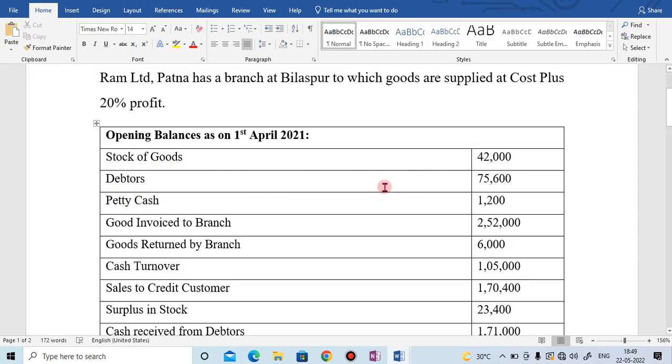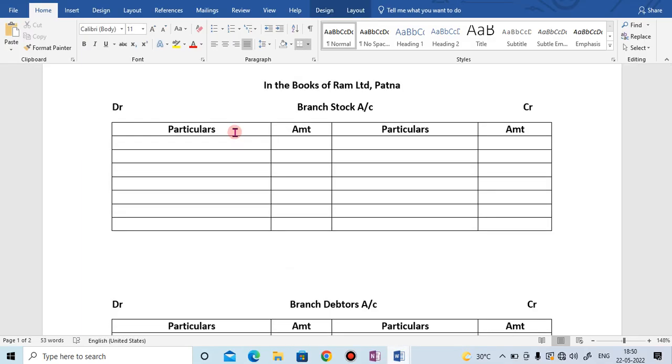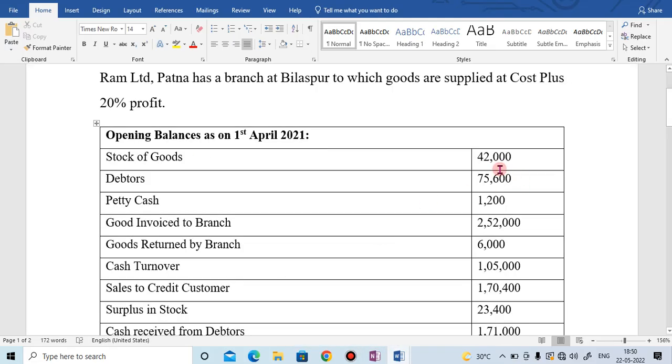All these 3 entries, stock of goods, debtors, petty cash, are the opening balances of each account. So first, in branch stock account, on the debit side write to balance brought down, amount is 42,000.